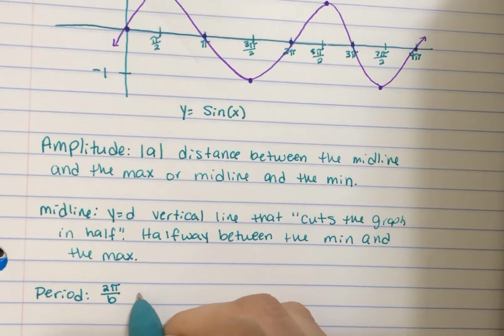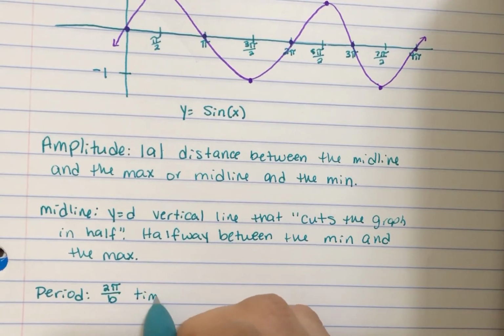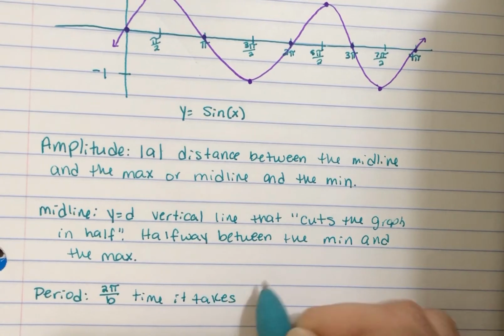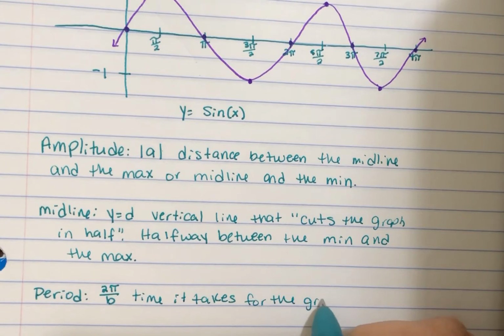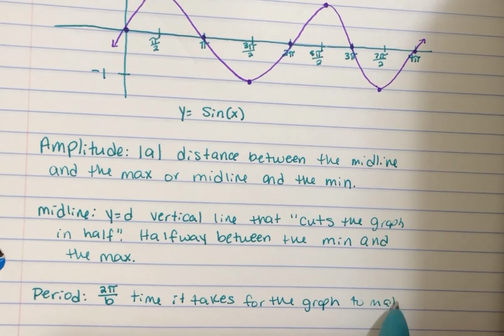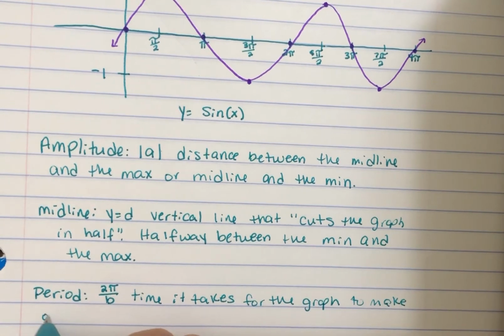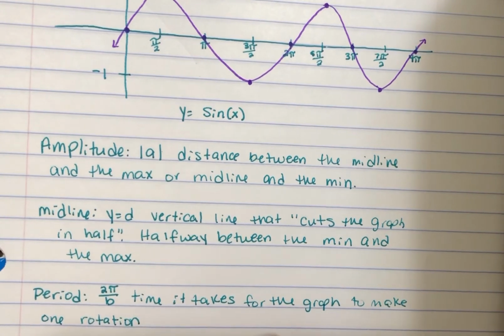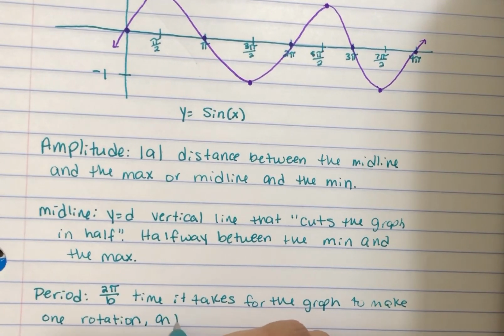So the period is the time it takes for the graph to make one rotation and start repeating itself.